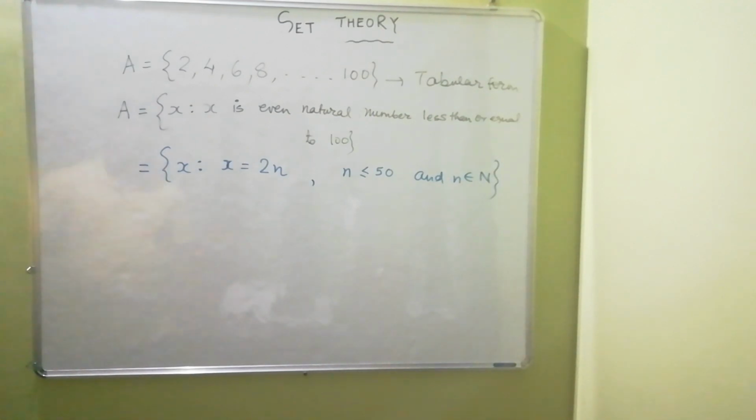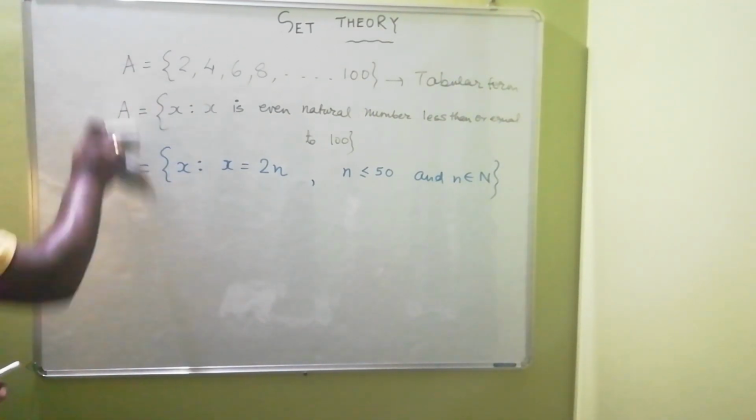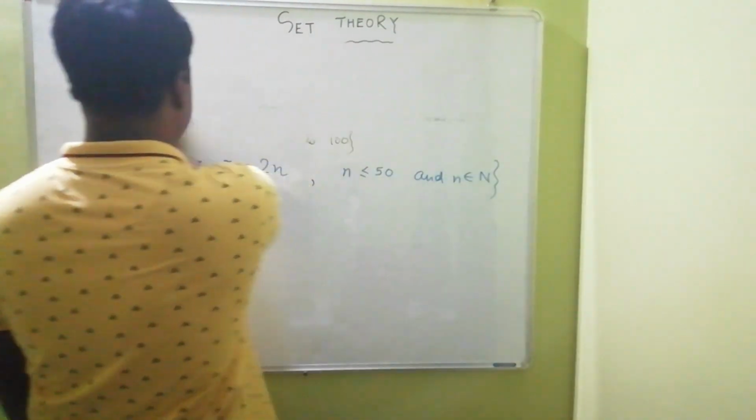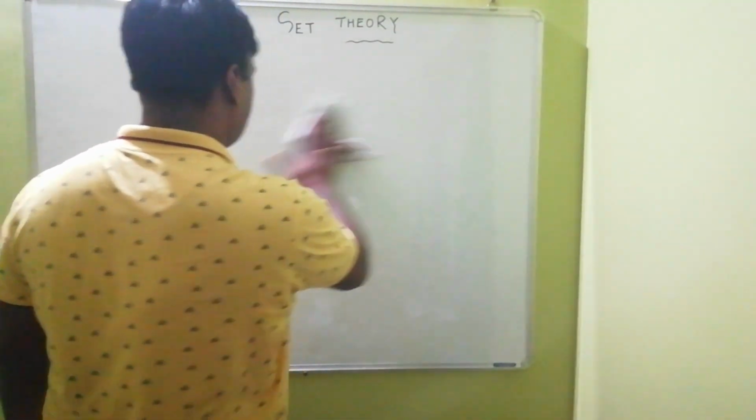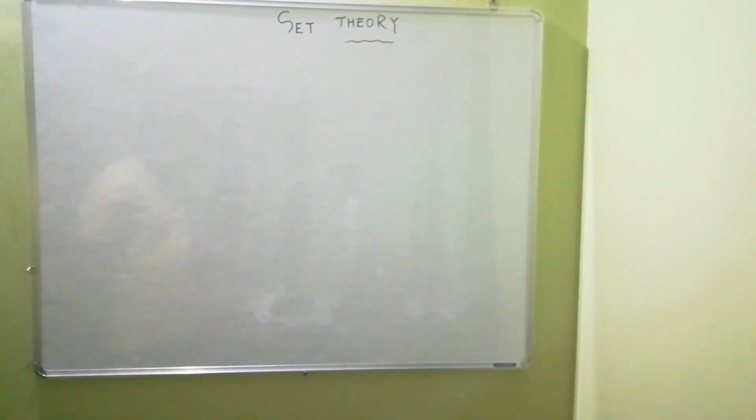We can have some more examples. Let us write one or two more examples of this. It will be more clear to you. Suppose I am having the elements like this.